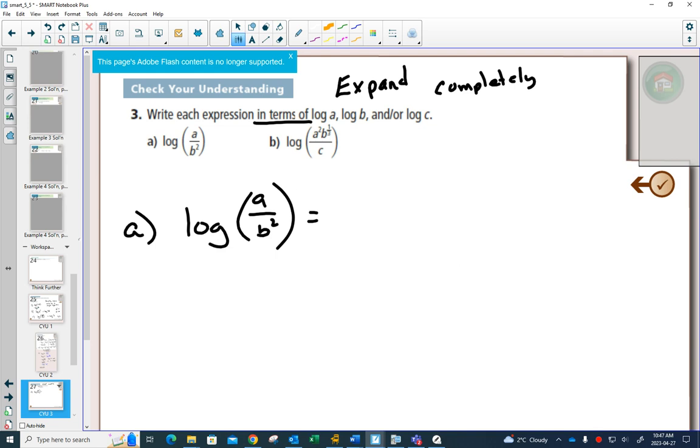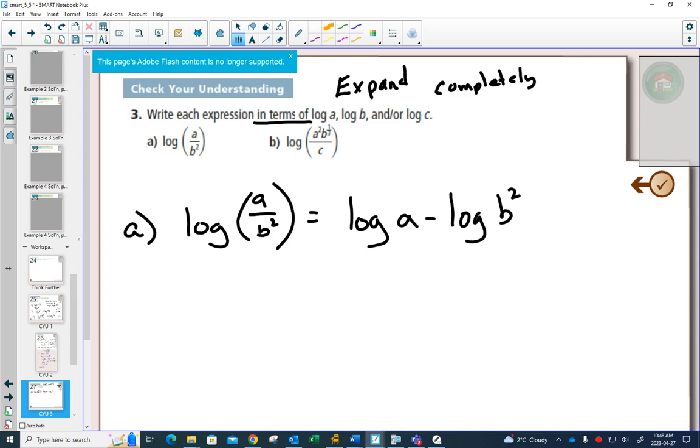So what would I notice? I would notice in this one, I'm dividing. What's the log law for dividing? The log law for dividing is that you can subtract. And now I have a log A all by itself. But I don't have the log B all by itself yet, because I still have an exponent in there.